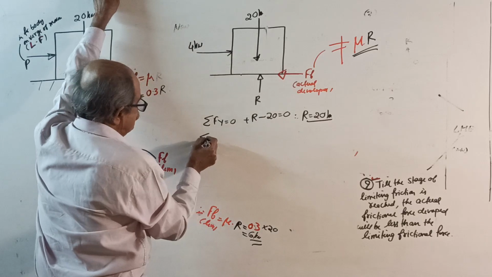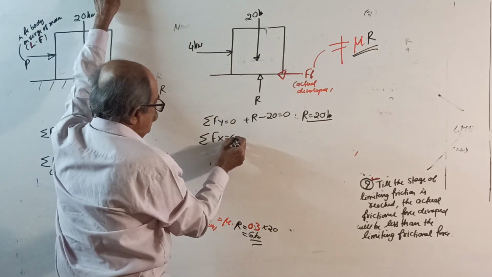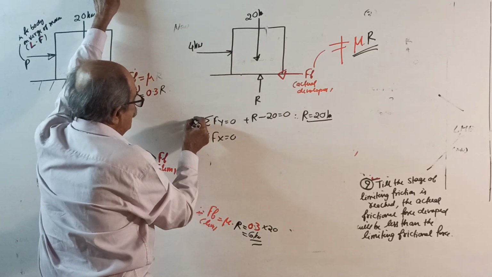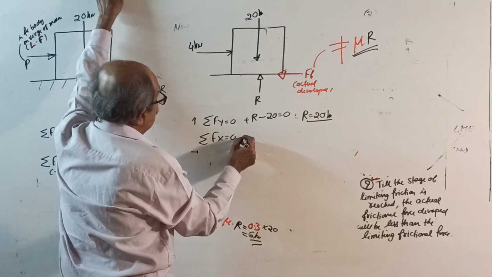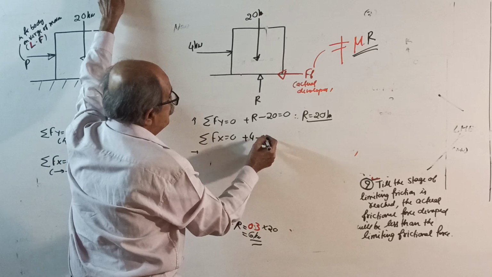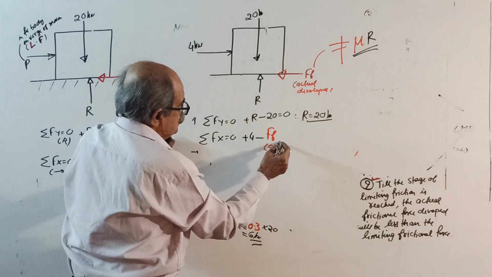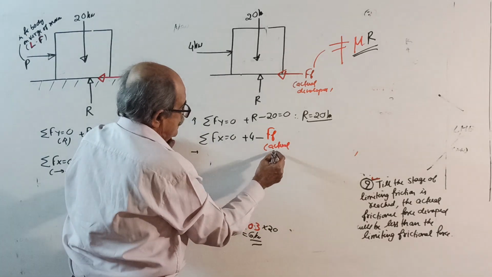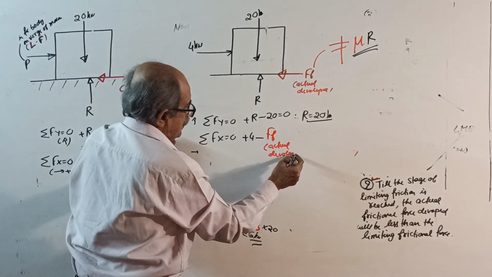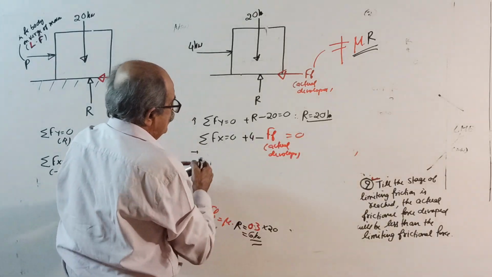And sigma Fx equals 0, right side positive: plus 4 minus FF actual developed equals 0.